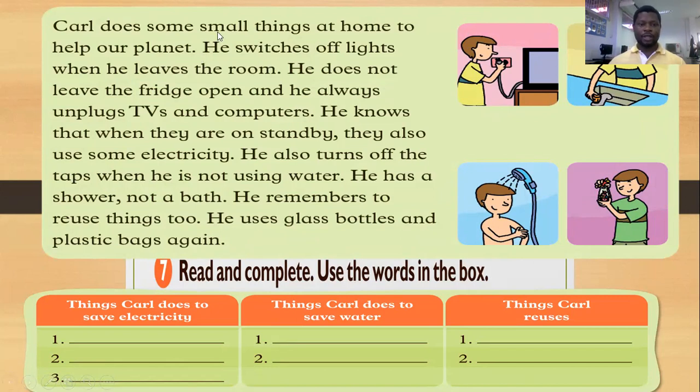Carl does some small things at home to help our planet. He switches off lights when he leaves the room.